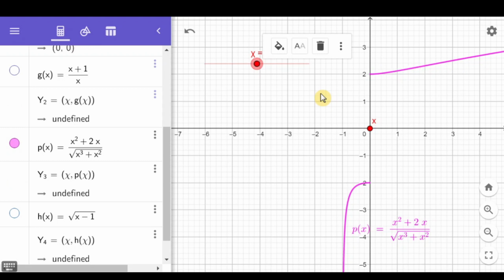Ngayon, at exactly 0, x equal to 0, ang y or p of x ay magiging undefined. So, syempre nag-vanish yung y value kasi wala siyang value. So, ganun din sa 0, katulad ni g of x, i-observe natin siya around 0.